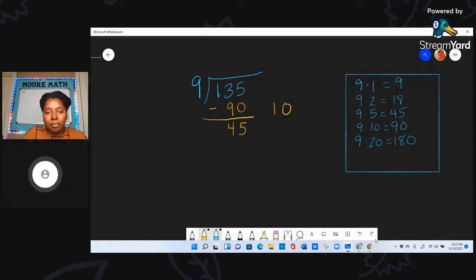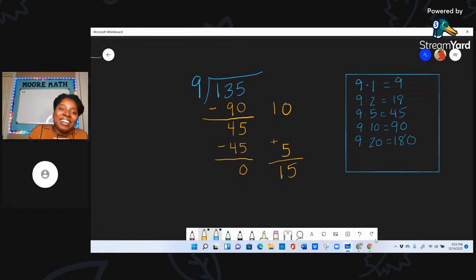Then I use 9 times 5, and I put 45 under that other 45, and my answer was 0. Good. And my partials on the side were 10 and 5. And equals what? 15. Nice job.